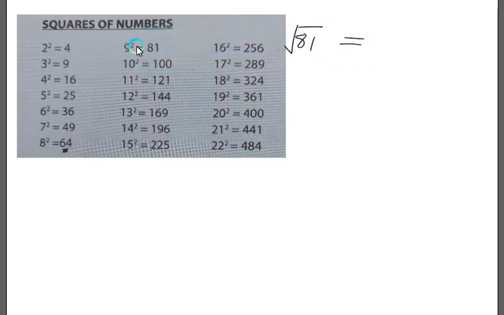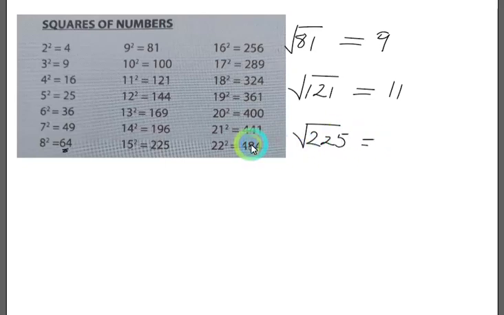Square root of 81 will be 9, right? Good. Square root of 121 will give you 11, isn't it? Square root of 225 will give you what? 15. So it goes on and on and on.